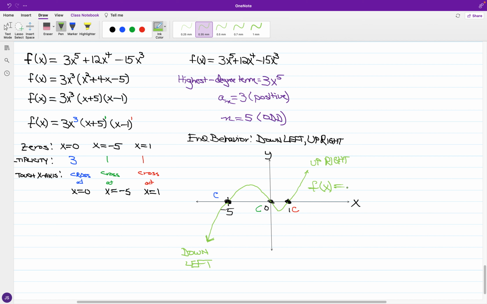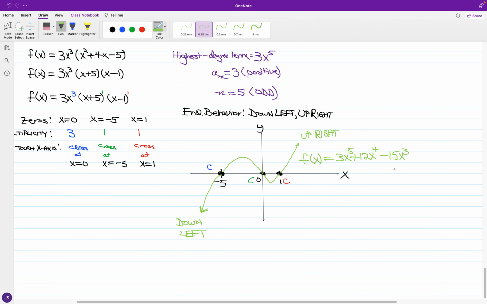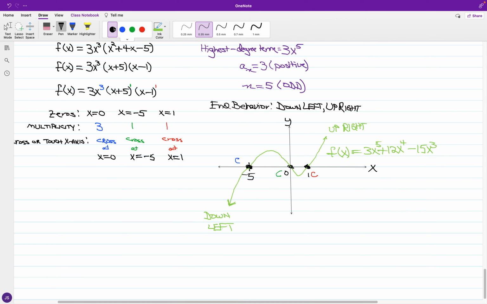So this is the set of dynamics that will play out for this particular fifth order polynomial function. All right, and that covers end behavior, zeros, and multiplicities.